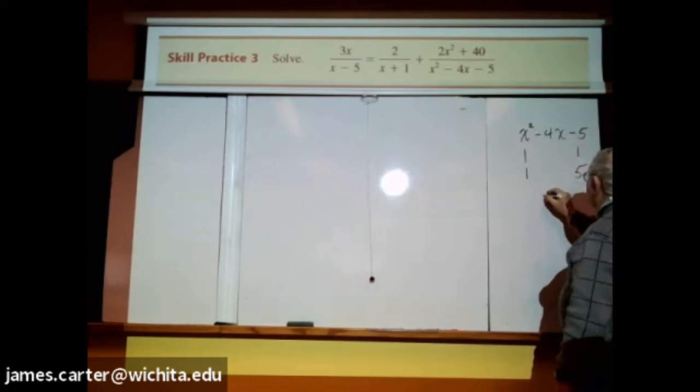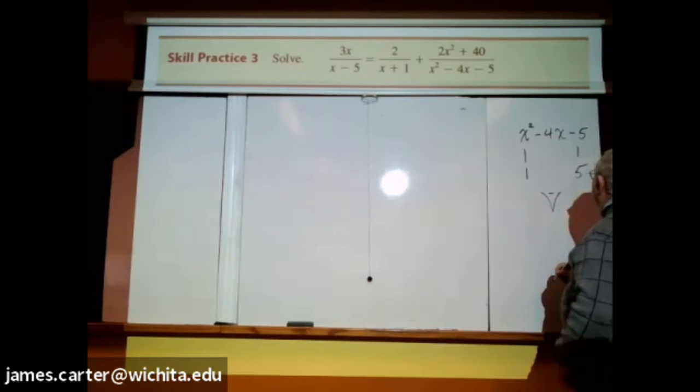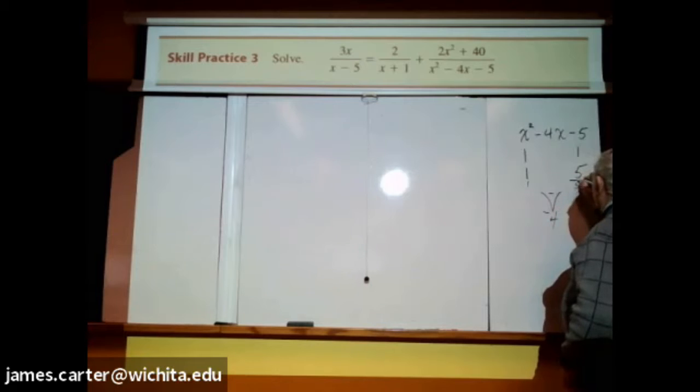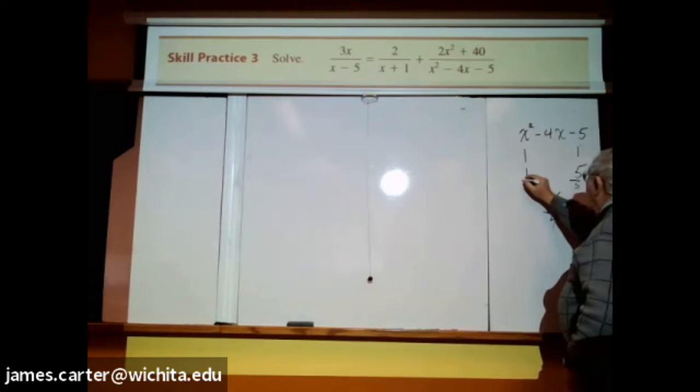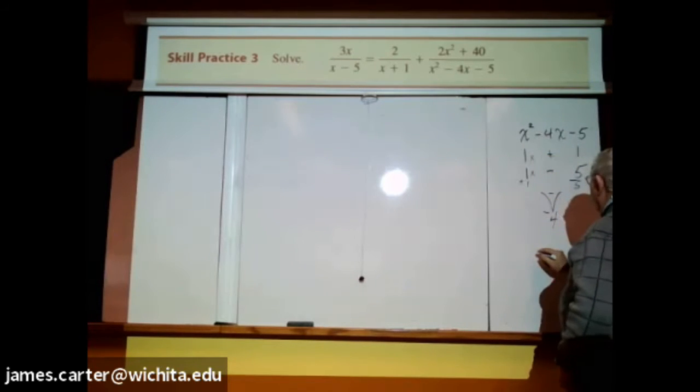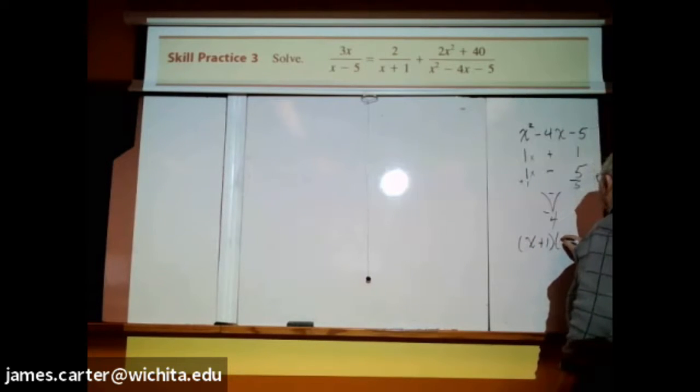Because it's negative, I'm going to subtract the difference. So I get a 5, a 1, which gives me a 4. The 4 has to be negative. Sign of the biggest is there. So here are my signs. Put in the x's. So that means that that factors into x plus 1 and x minus 5.